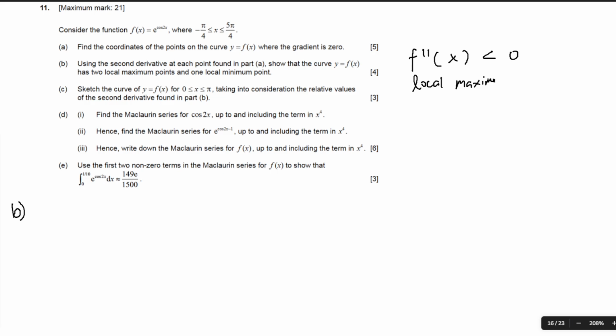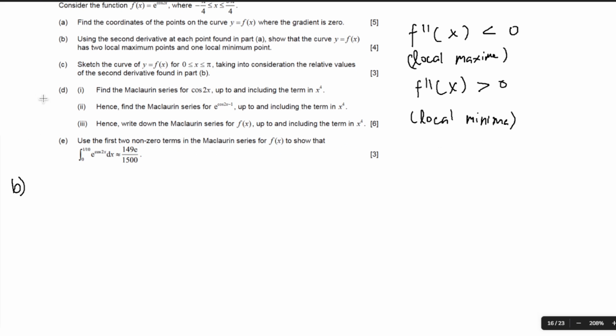We have to remember this. When f dash of x is greater than 0, it is a local minima. It's a bit kind of weird to get used to, but we have to remember that.